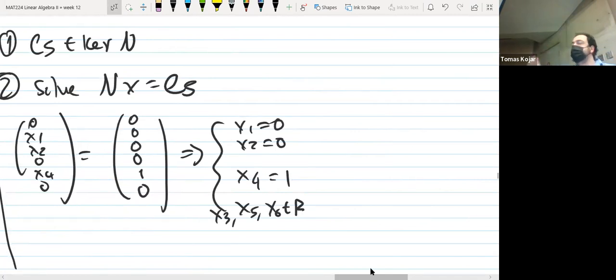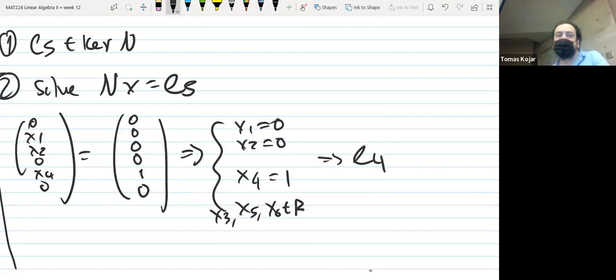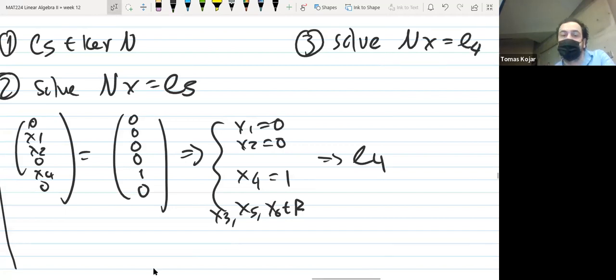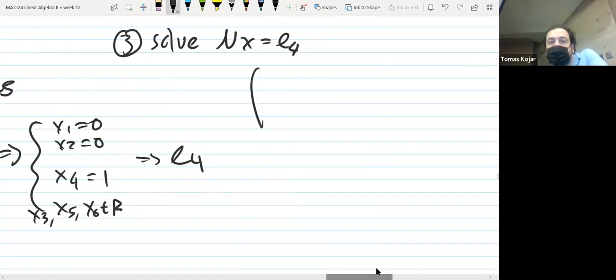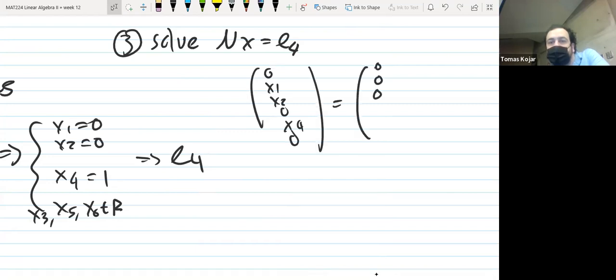You pick one element, you just need one element that is different from the one before. So take this guy, E4, and play this game again. Solve nx equal to E4. Okay, so let's do that again. So you have 0, x1, x2, 0, x4, 0 equal to 0, 0, 0, 0, 1, 0, 0.